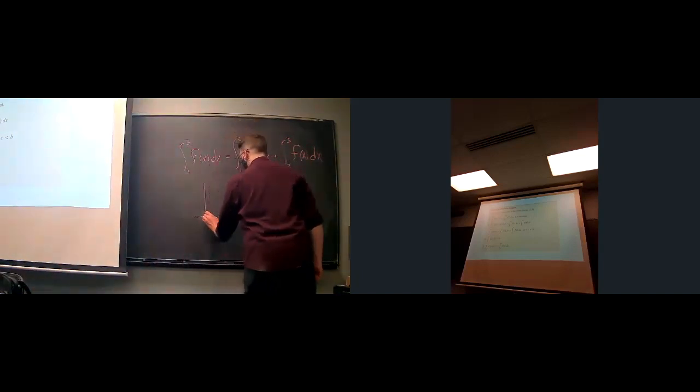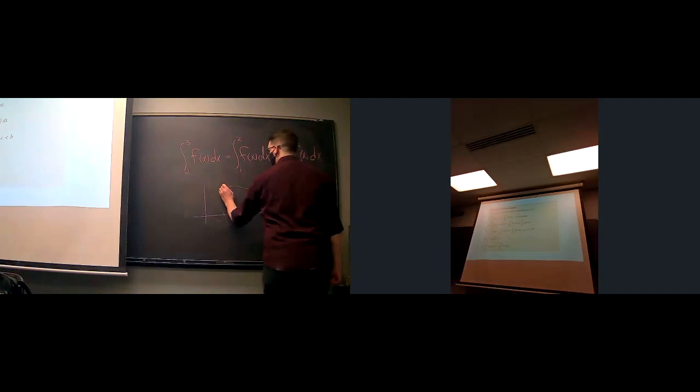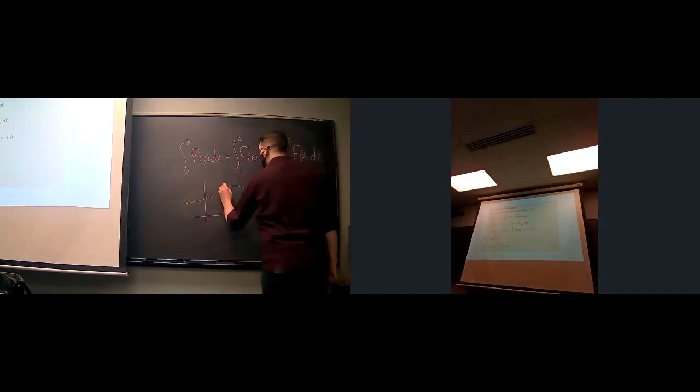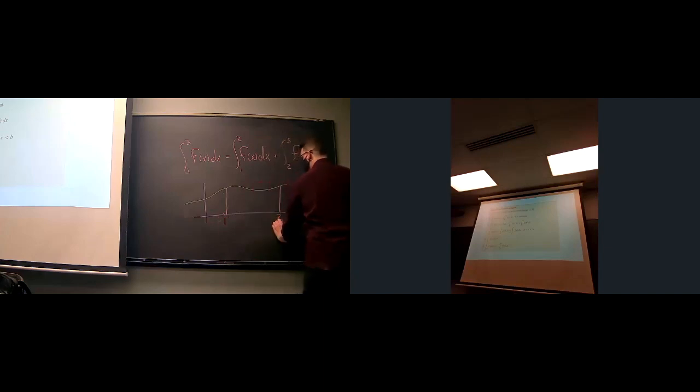Now, if we stop and think about this, this makes sense because what we're doing is saying we got some function. We're going to calculate the area, in this case, from 1 to 3. That's all of this.